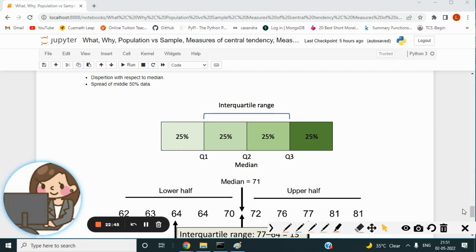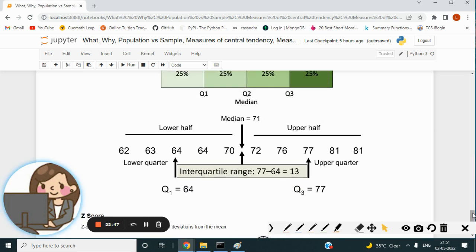Now coming here, I have an example. Here again things are arranged in ascending order. If you see, the middle value is over here, that is 71. From 71 we can divide it into two halves, the upper half and the lower half. The median of the upper half gives us 77, that is quartile 3, and the median of the lower half is 64, which is quartile 1.